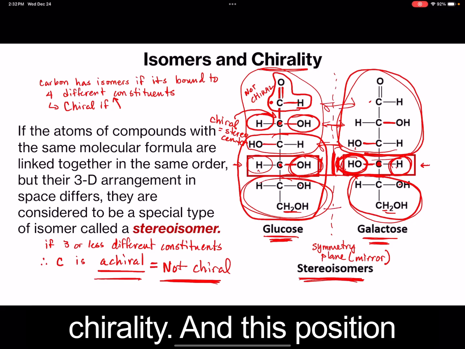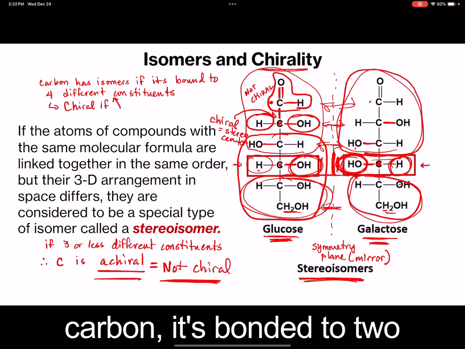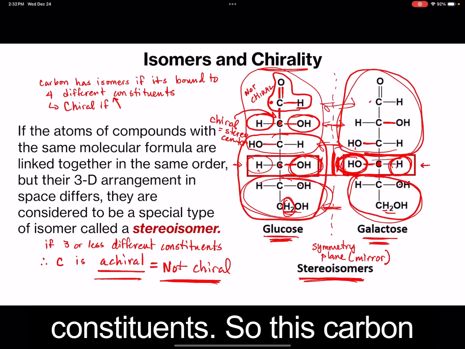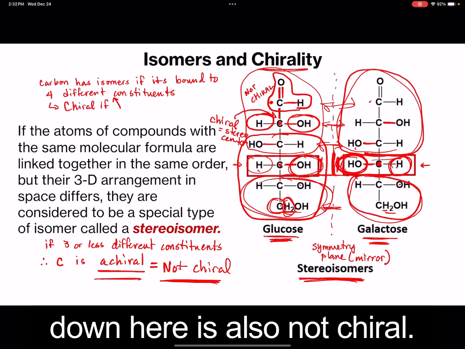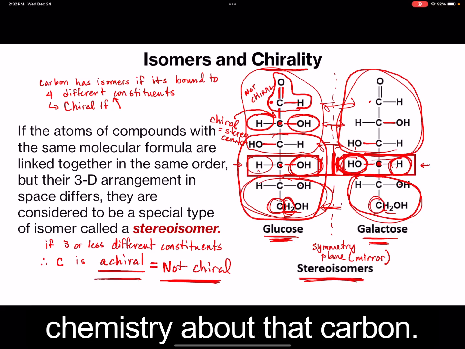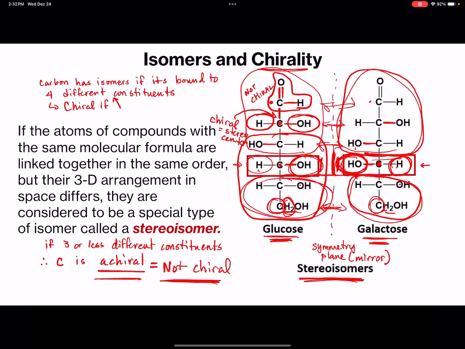And this position down here, if we look at this carbon, it's bonded to 2 hydrogens, right? So that's 3 or less different constituents. So this carbon down here is also not chiral. It does not have stereochemistry about that carbon.